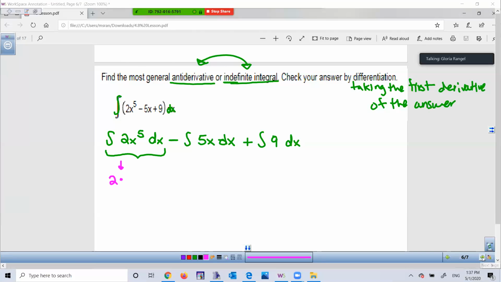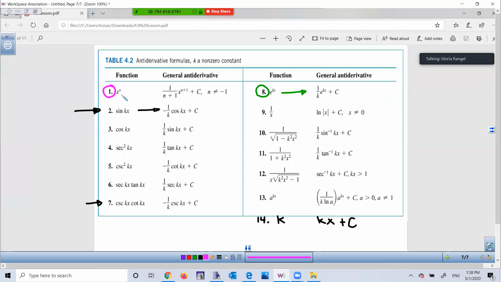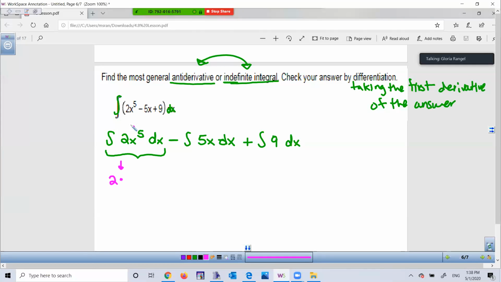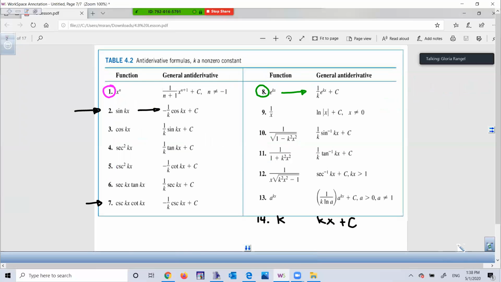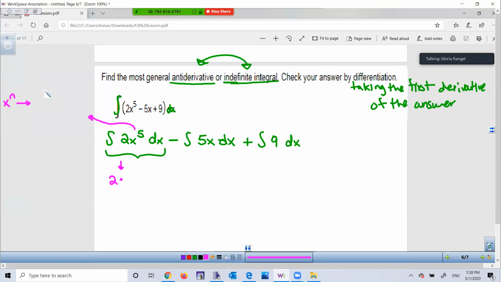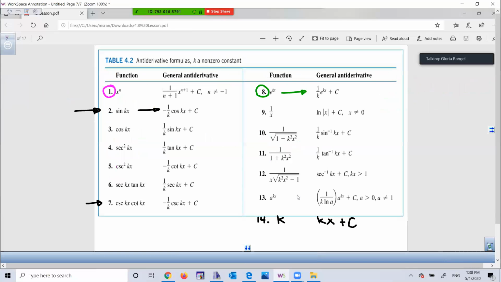So what's the formula? X to the fifth power is like x to the n power, okay? So for x to the fifth power, hopefully it fits in here, x to the n, the formula for the antiderivative of x to the n is 1 over n plus 1 times x raised to the n plus 1 as well, you see?